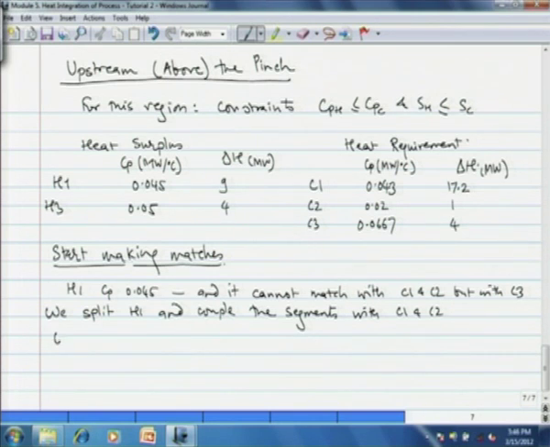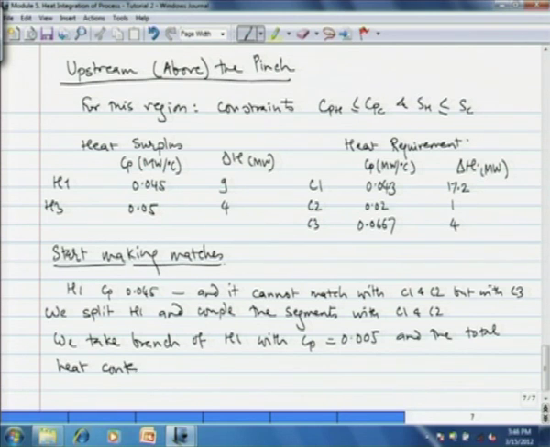Now, we take branch or split segment of H1 with CP value of 0.005 and the total heat content of 1 megawatt, and then we couple this segment with C2.